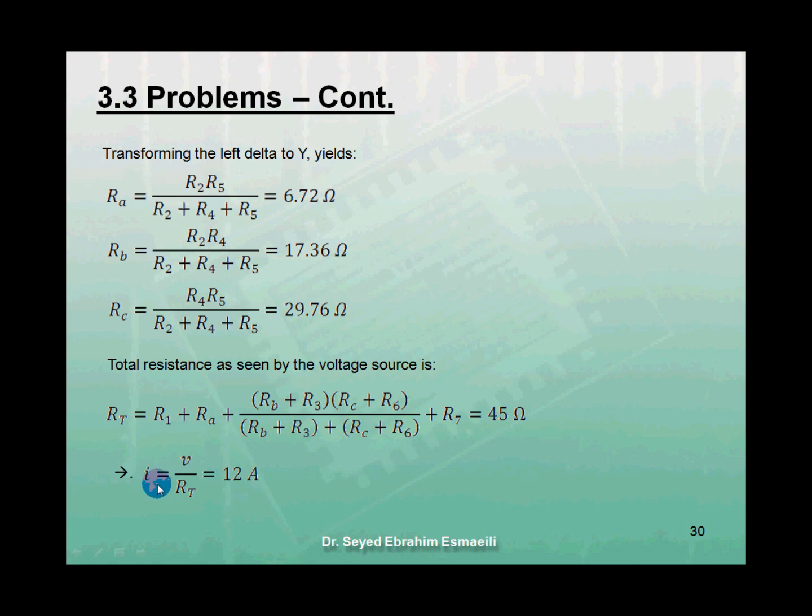The current supplied by the voltage source, I equals V over the total resistance, equals 12 amps.